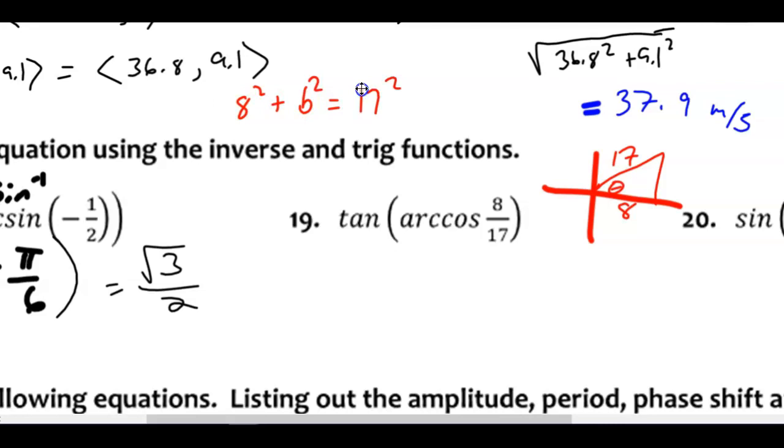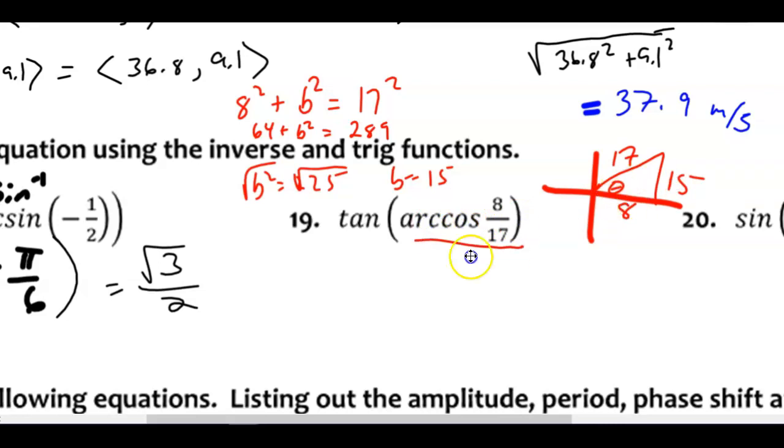We end up with 64 plus b squared equals 289. If we subtract 64, it gives us 225. So b squared equals 225, and then square root both sides, b equals 15. So this is 15 right here, and I use this to make this triangle.